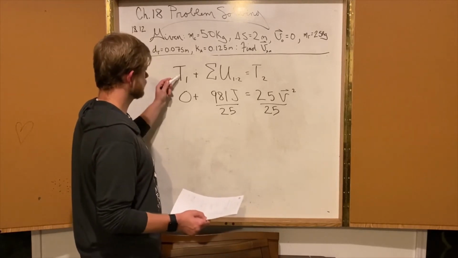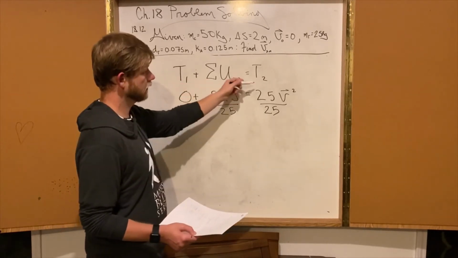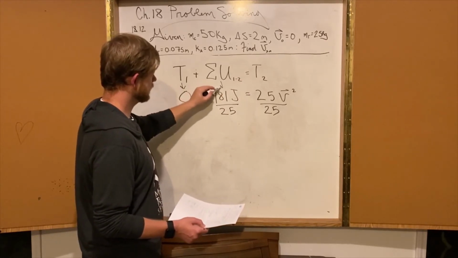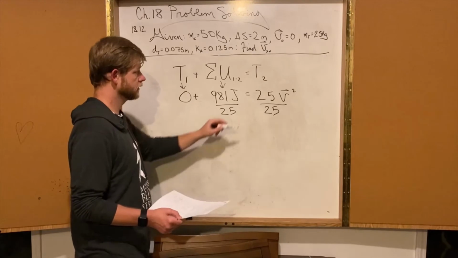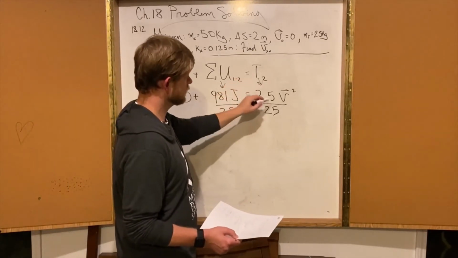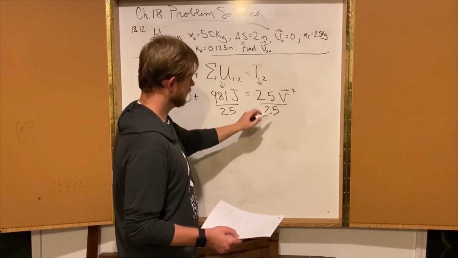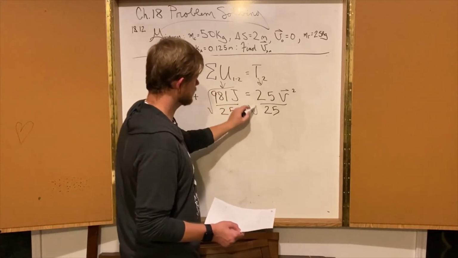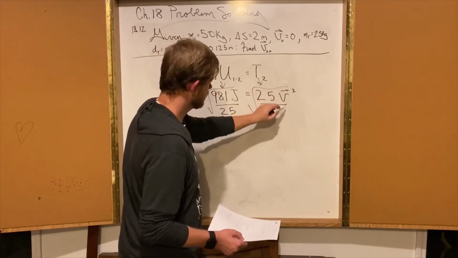So we have T1 plus the sum of the work equals T2. We know that T1 is 0. The sum of the work is 981 joules. T2 is 25 V squared. Divide both sides by 25 and take the square root of both sides.